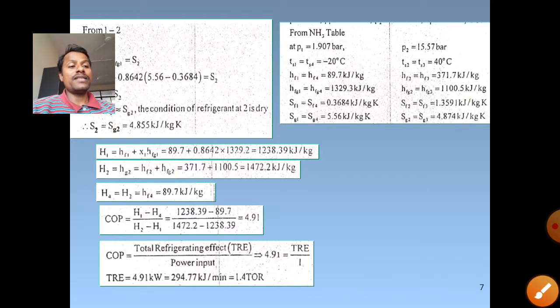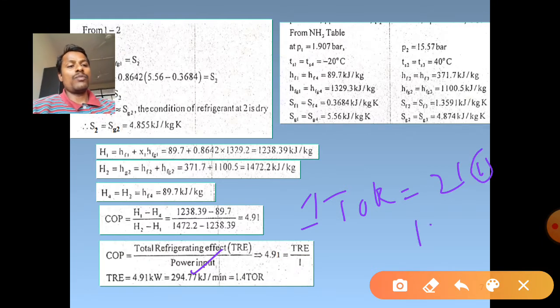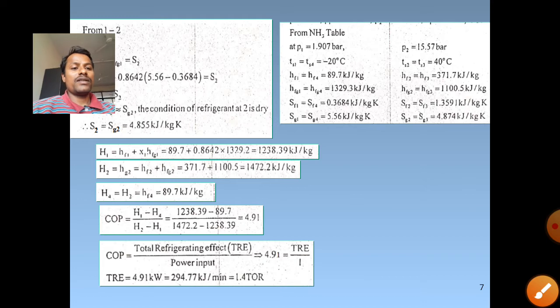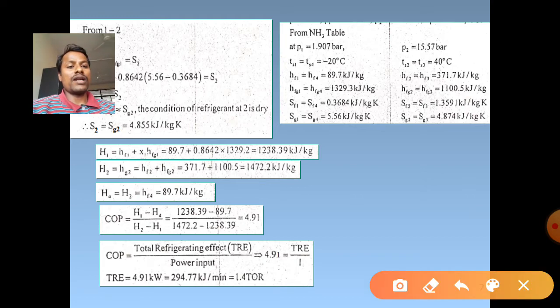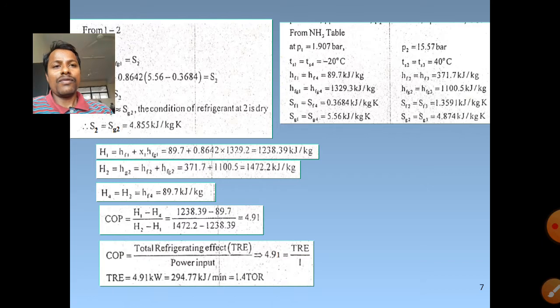Then divide this value by 210, because 1 TOR is equal to 210 kilojoule per minute. So, hence I am able to calculate the total refrigeration in terms of TOR as 1.4 TOR. This is the solution for the problem on the first type of VCR cycle.